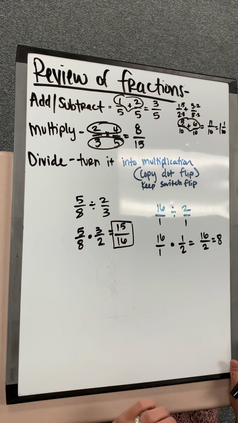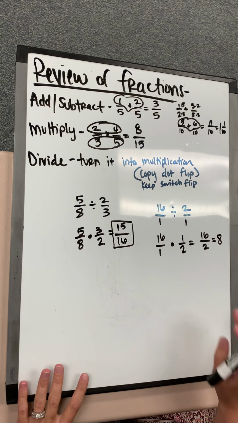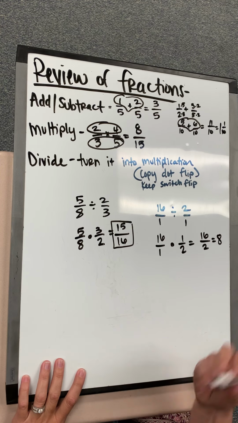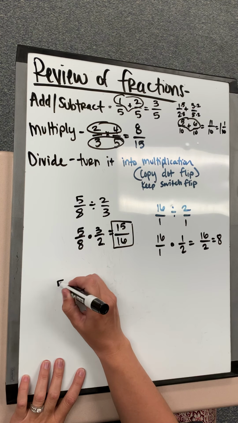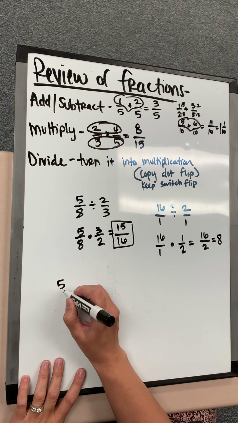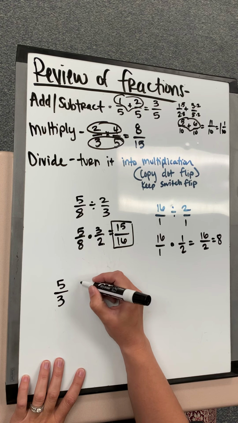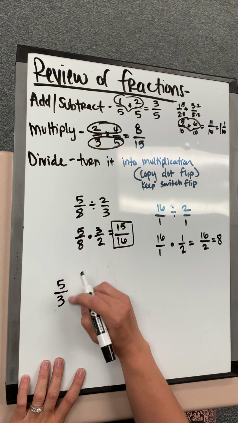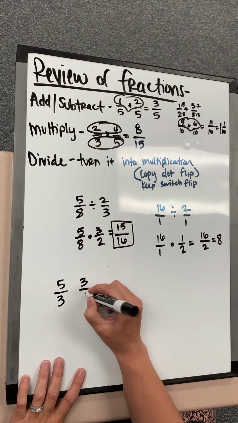Now, if you need to get a number to 1, especially a fraction, then we can multiply it by what's called its reciprocal. What reciprocal is, is just the flip of a number. So 3/5, the reciprocal of that would be 5/3, and the reciprocal of that would be 3/5.